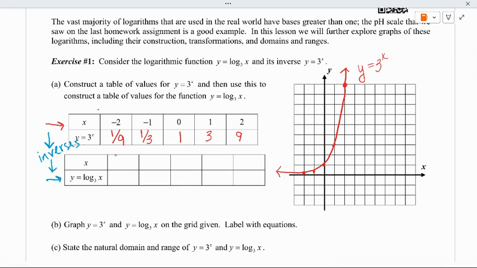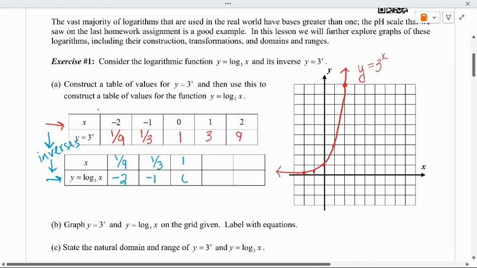They flip. My input of 1/9 gives me an output of negative 2. My input of 1/3 gives me an output of negative 1. My input of 1 gives me an output of 0. My input of 3 gives me an output of 1. My input of 9 gives me an output of 2.